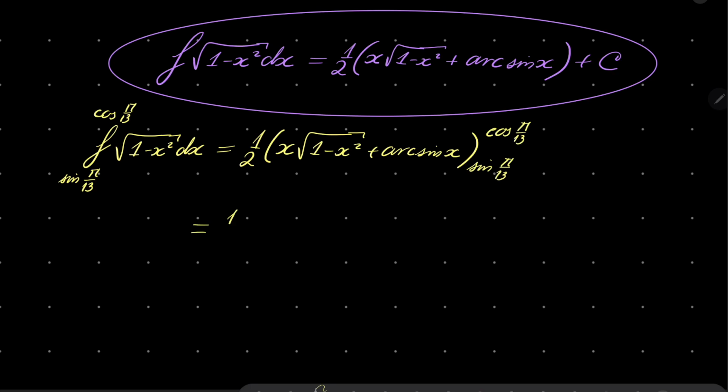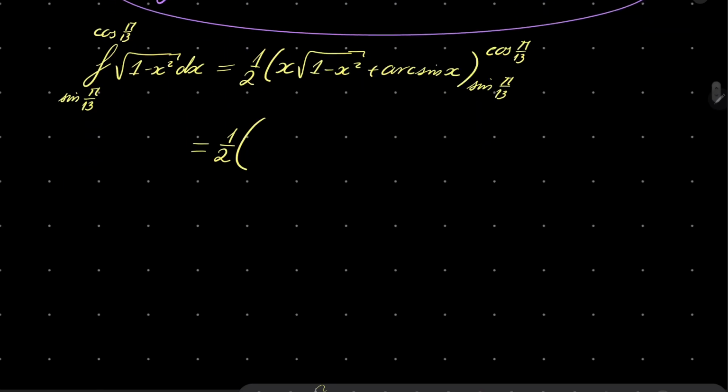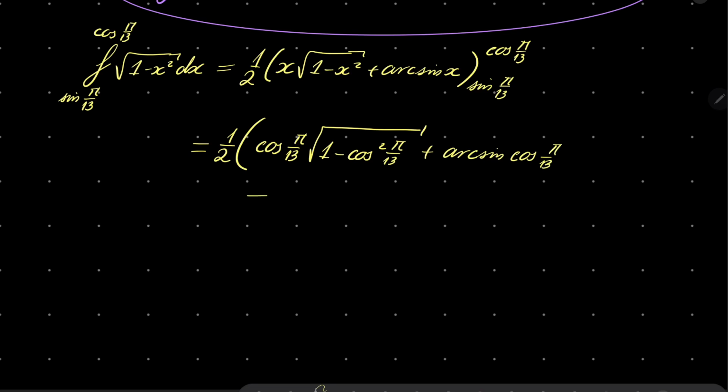Which is, what exactly? It's 1/2, right? And here we have cosine of pi over 13 times square root of 1 minus cosine squared of pi over 13 plus arc sine of cosine of pi over 13 minus sine of pi over 13 square root of 1 minus sine squared of pi over 13 minus arc sine of pi over 13.